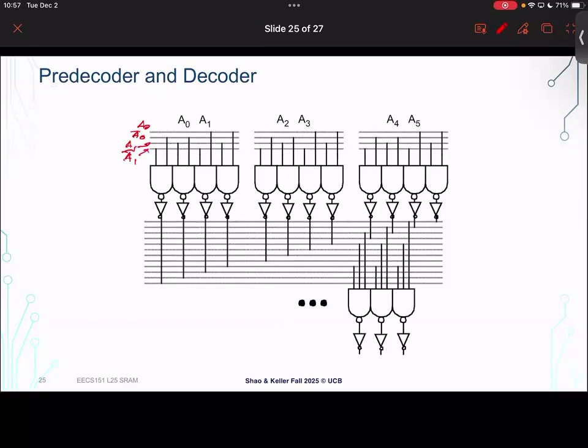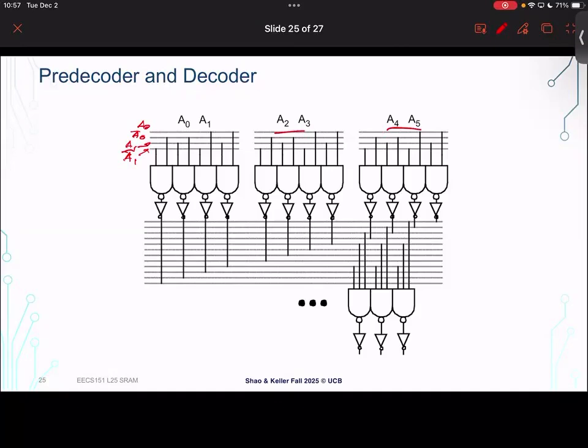We take all four possible combinations and AND them together. And then we do the same for A2 and A3. We do the same for A4 and A5. And we get this whole mess of pre-decoded signals where we've kind of pre-calculated in the first stage the different combinations of those ANDs. And then we start pulling off of those pre-decoded signals for the next stage.